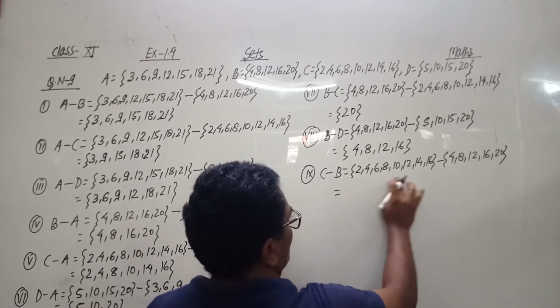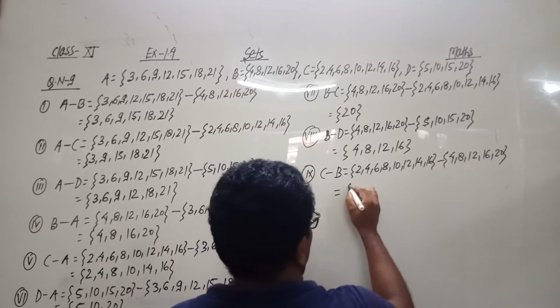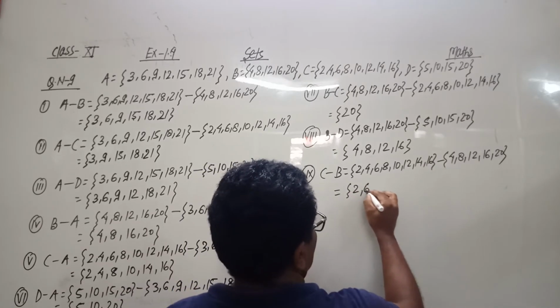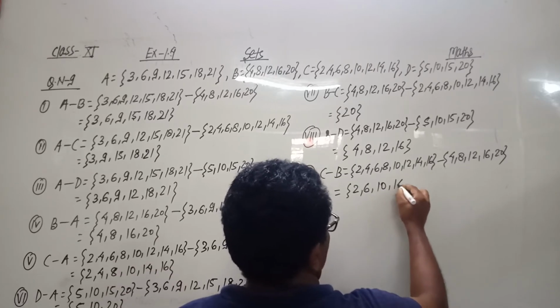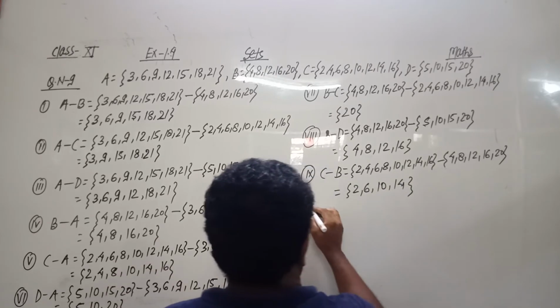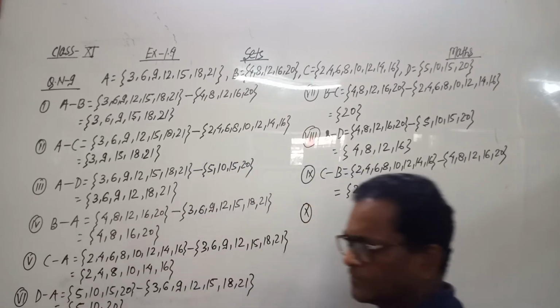So those elements of C which are not in B: 2, 6, 10 and 14.